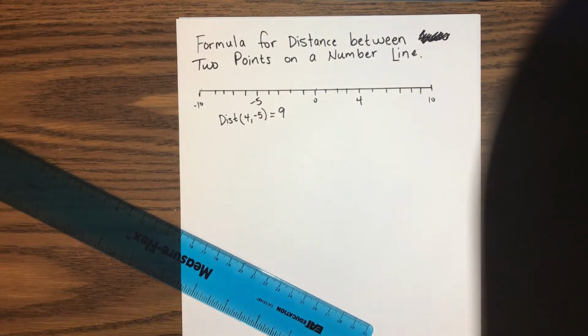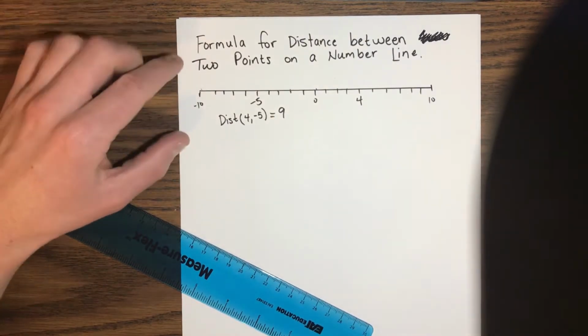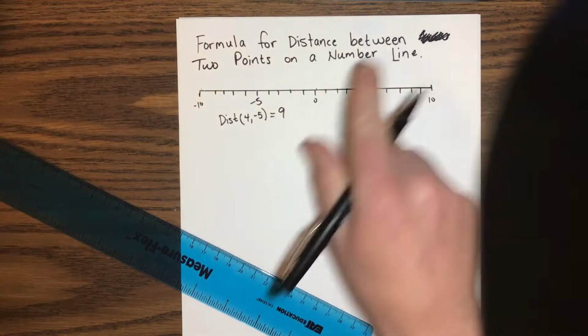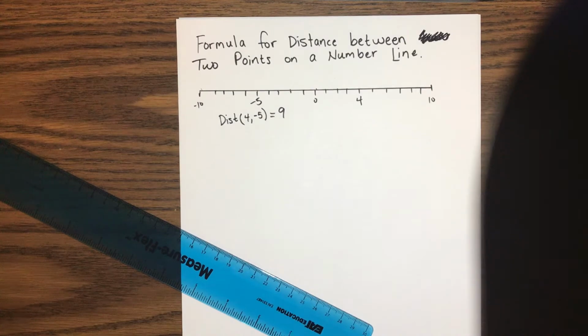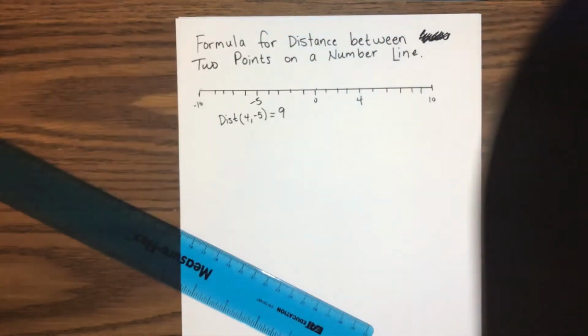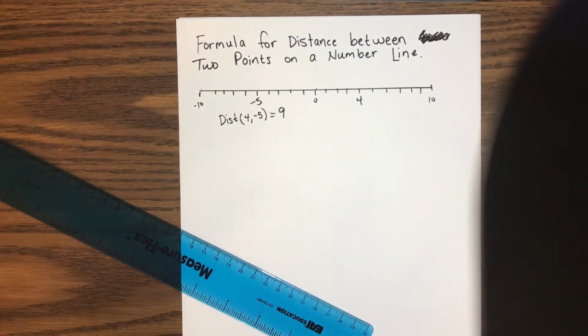But what if I asked you to find the distance between -1,000,000,012 and +2,814,000,000? It wouldn't be reasonable for you to try to count all those trillions of spaces, right? So we need a rule or a formula that helps us find it more quickly without having to count spaces.